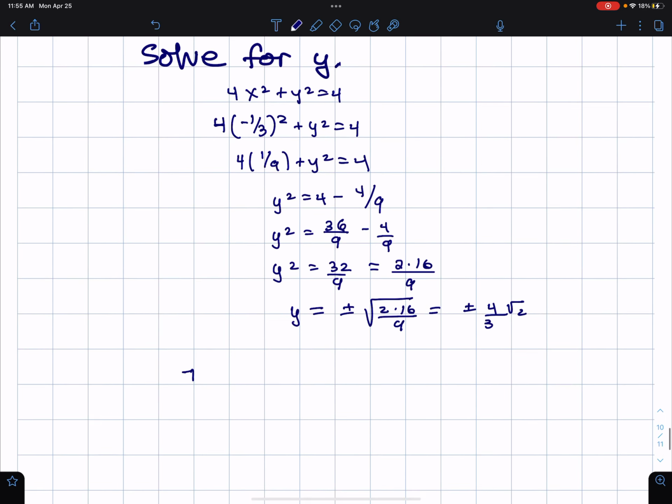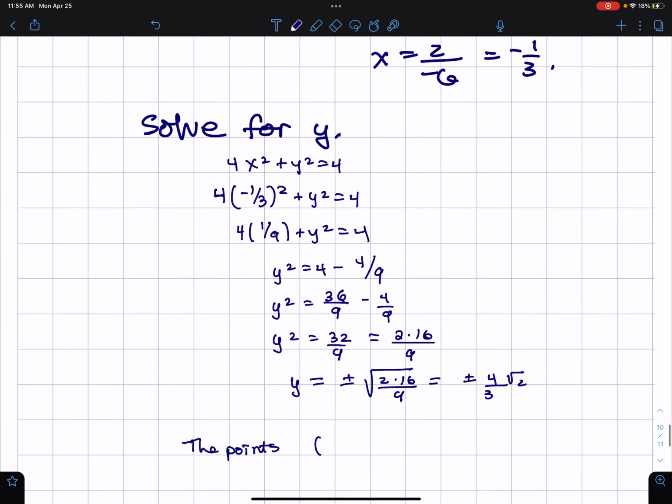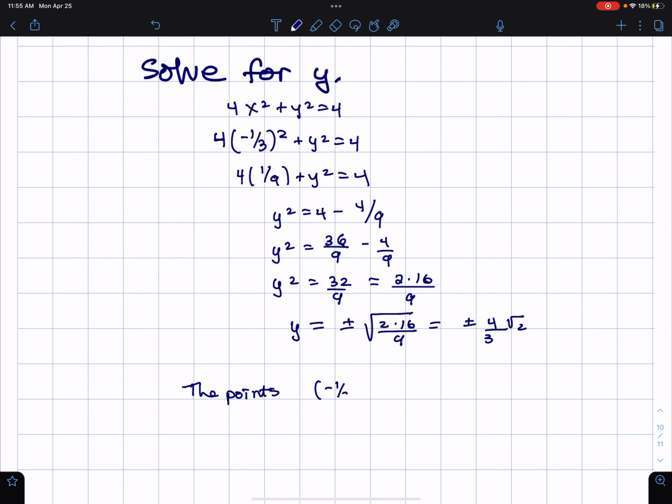So we get the points x is -1/3, y is plus or minus 4/3 radical 2. I'll just write them as 2 separate points, as that's what they are. And that seems to make sense.